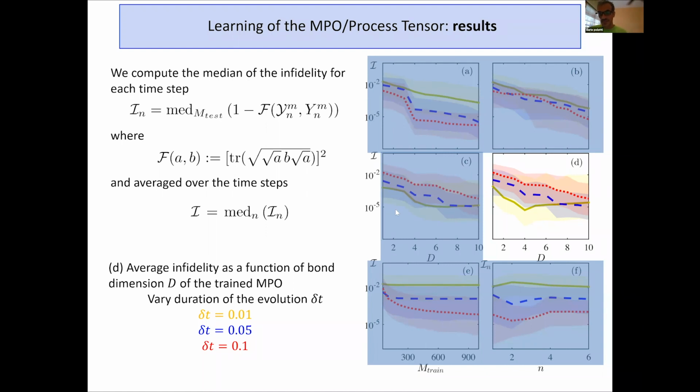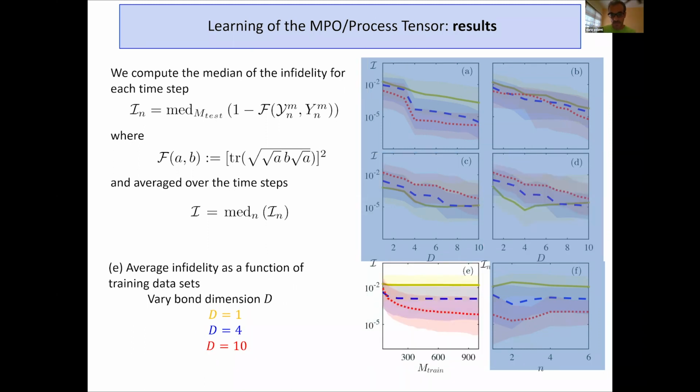Then you will see that very small bond dimensions are enough to have a very, very accurate description of your system. And as you increase the time, the system and environment get more and more correlated, and you will need larger memory to describe your system. So all of these things are hinting to us that we are learning our processes fairly well.